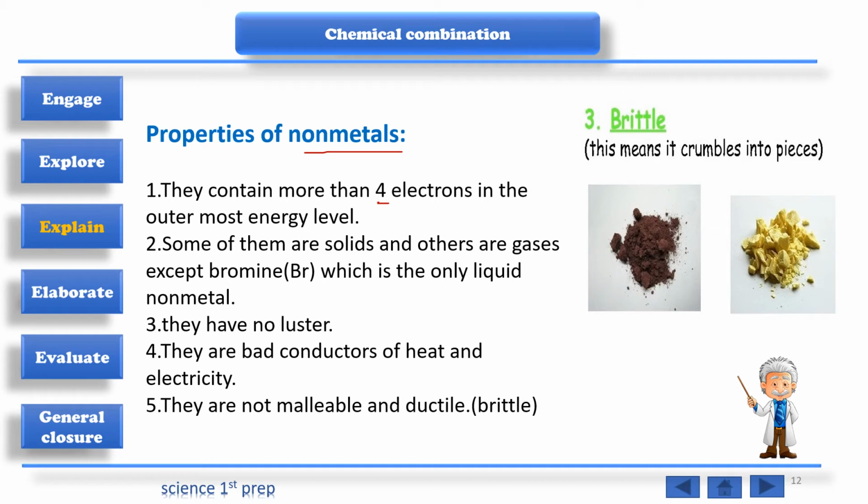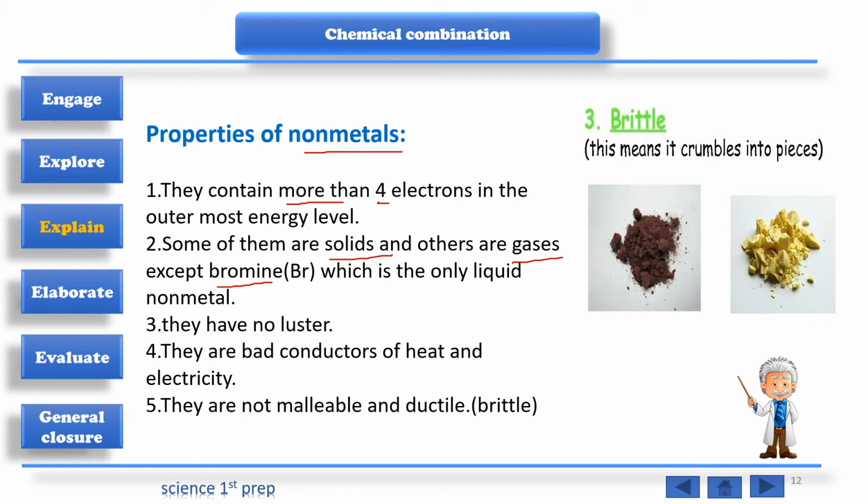Who can tell me how many electrons metals contain in the outermost energy level? Yes, less than 4 electrons. 1, 2, or 3. In non-metals, 5, 6, or 7 electrons, more than 4 electrons. Okay, some of them are solids and the others are gases, except bromine, which is the only liquid non-metal.